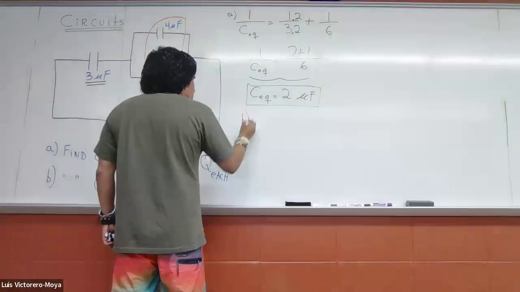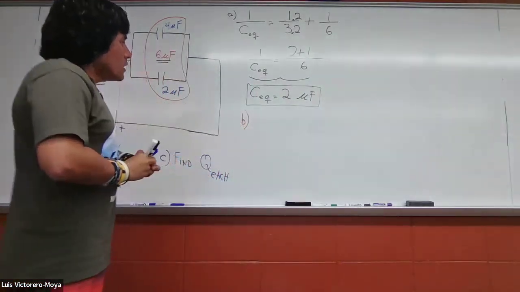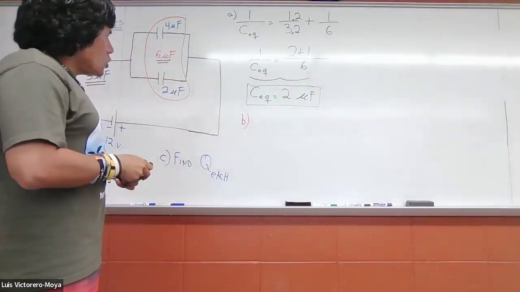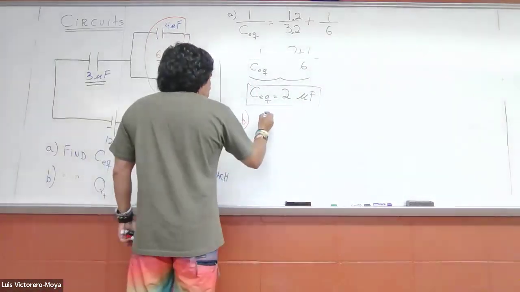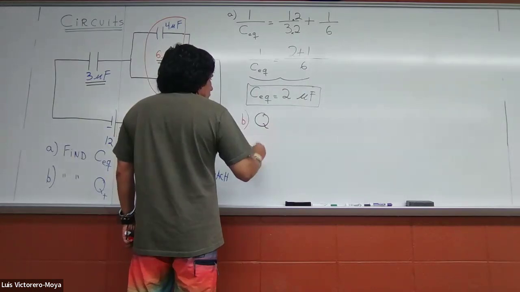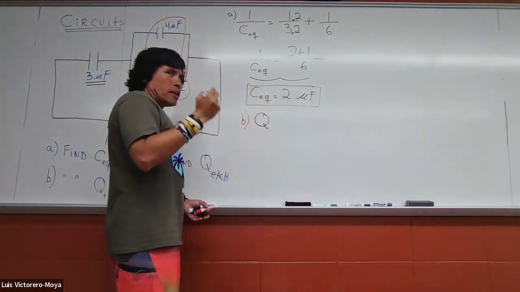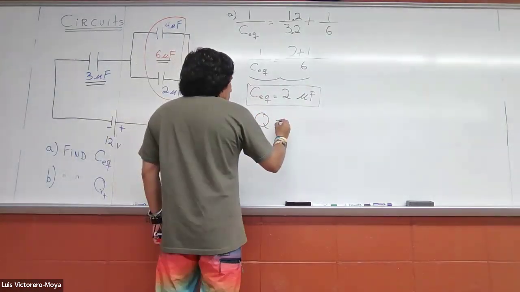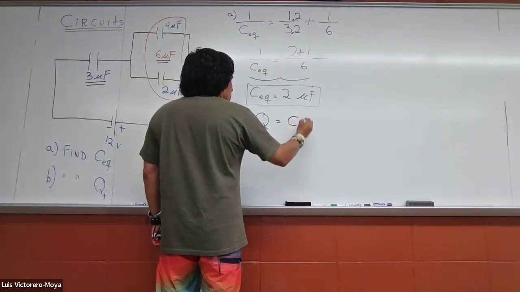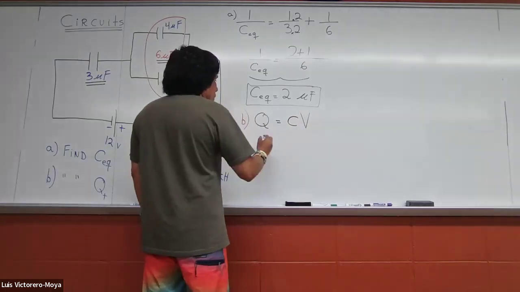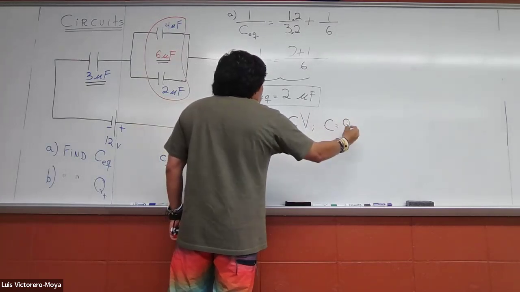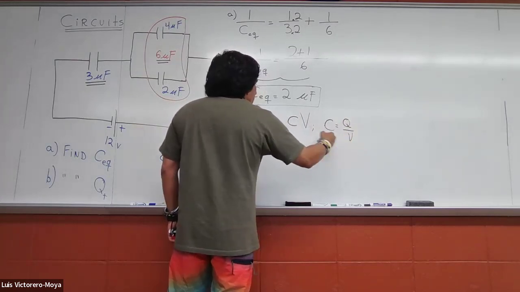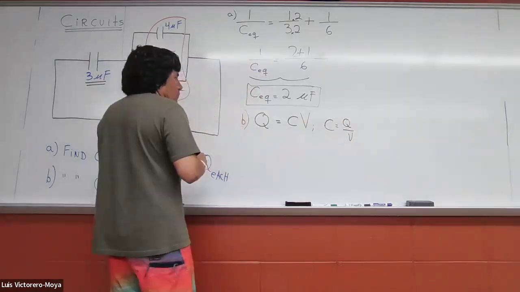For part B, we're going to find the total charge. Q, I told you, right? Now to find Q, what we use is Q equals CV. That's because, remember, C equals Q over V. So you multiply and then that's what it is.